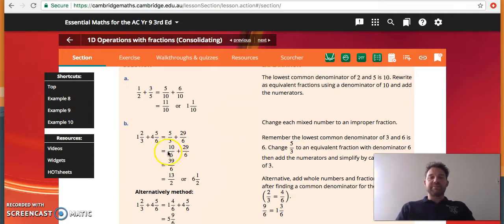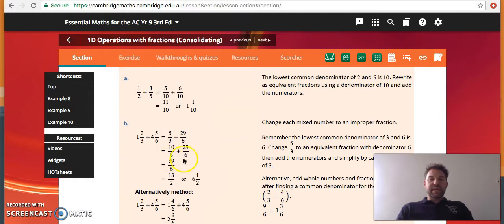So if we're timesing the denominator by 2, we need to times the numerator by 2. 5 times 2 is 10. 3 times 2 is 6. 5/3 and 10/6 are the same thing. This one here, we didn't need to do anything to it because it was just timesing by 1.